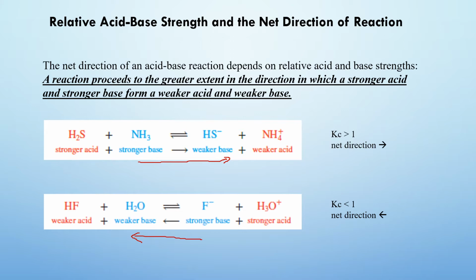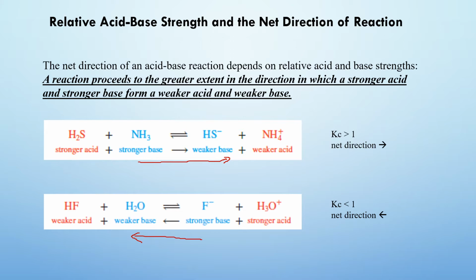So the product of the weaker base and the weaker acid is greater than the product of the concentrations of the stronger acid and stronger base, and that's why Kc is greater than 1. And so the reaction will proceed to the right.